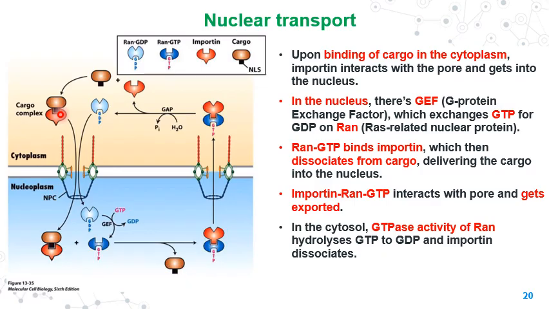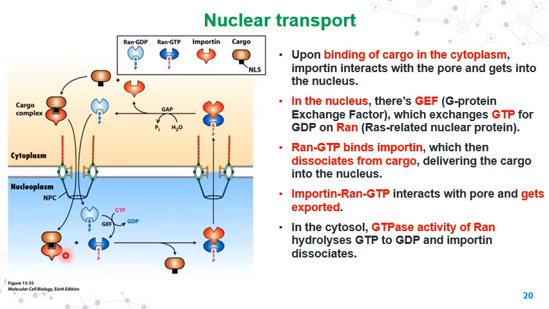This gets in there, bringing the cargo. When it is inside of the nucleus, the cargo is stuck to the transportin, so it's useless. You've got to get the transportin out of there. So what do you do? In order to get the transportin or importin to stop interacting with the cargo, you're going to use another protein to go over there and bind the transportin.